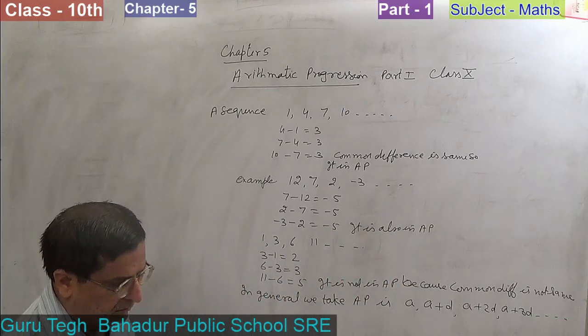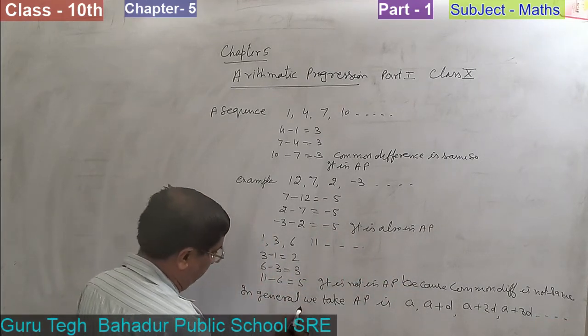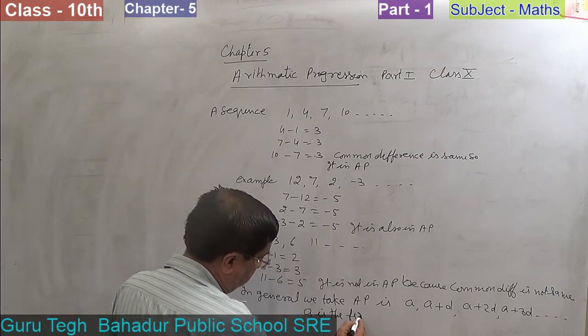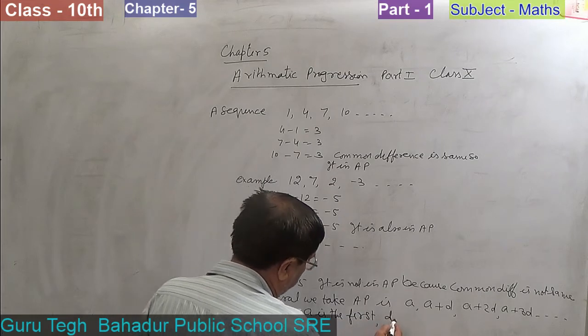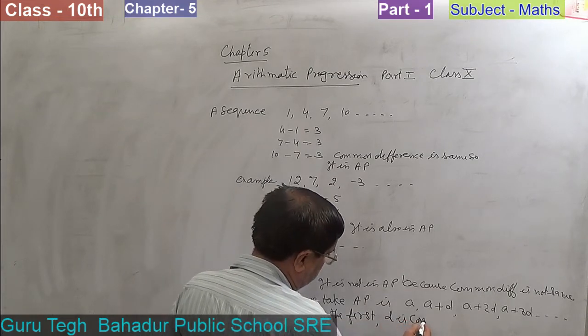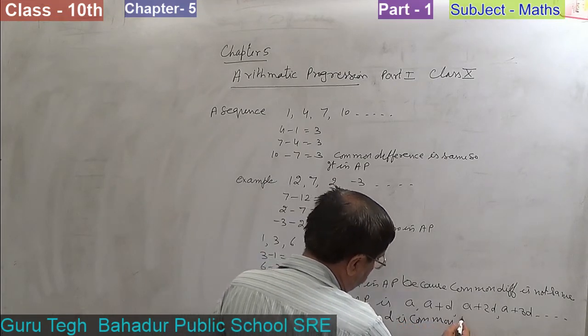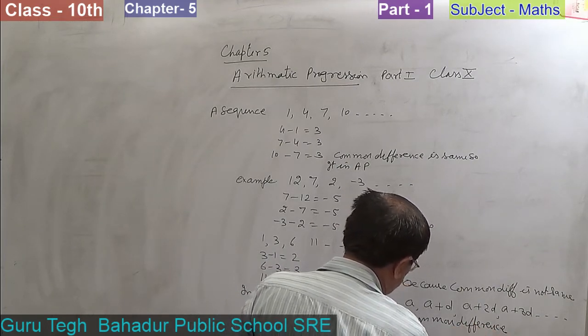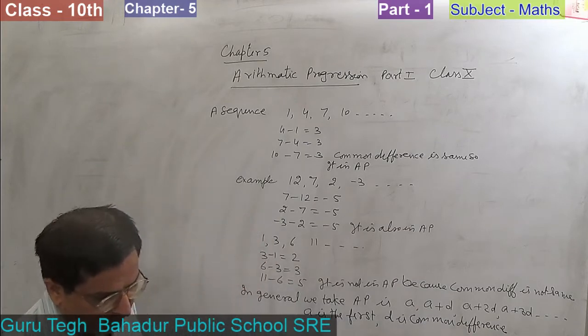We take these terms. a is the first term and d is the common difference.